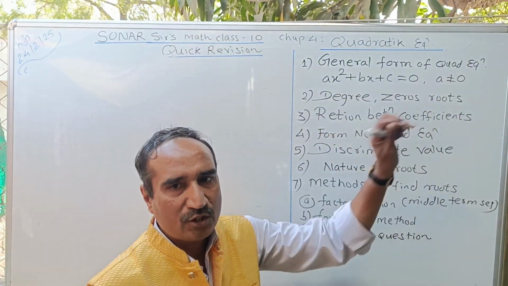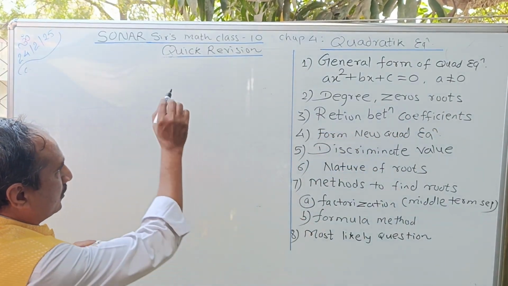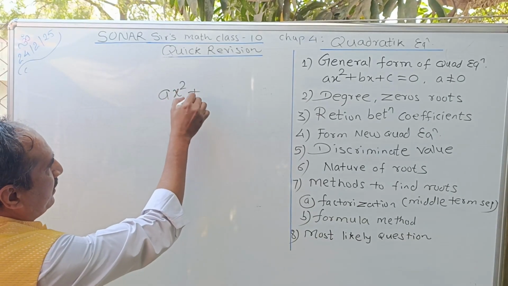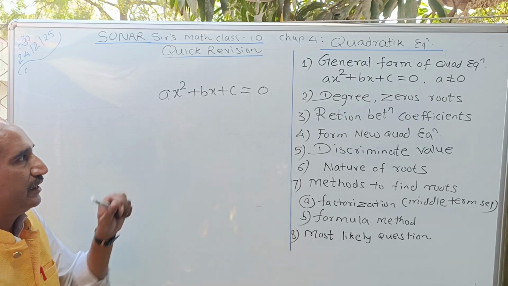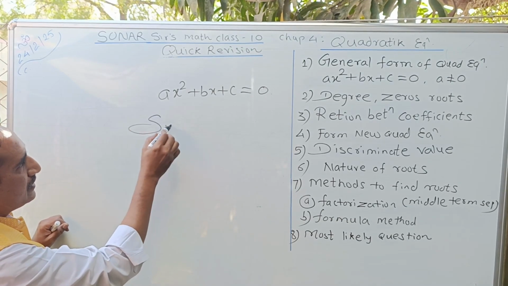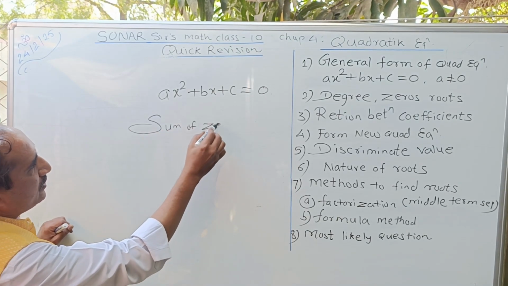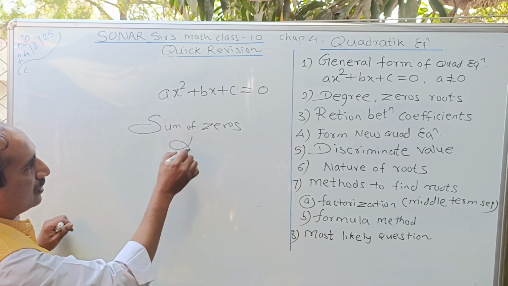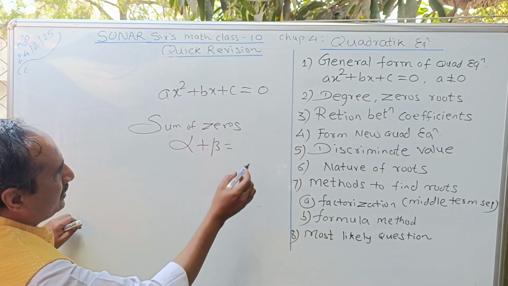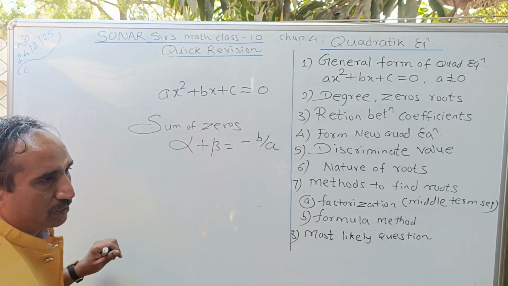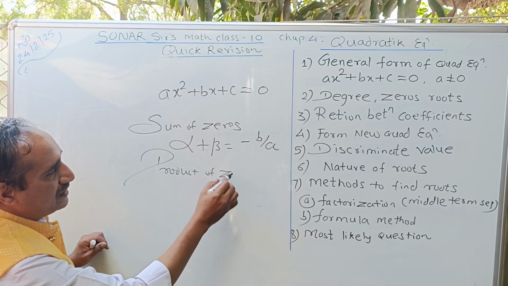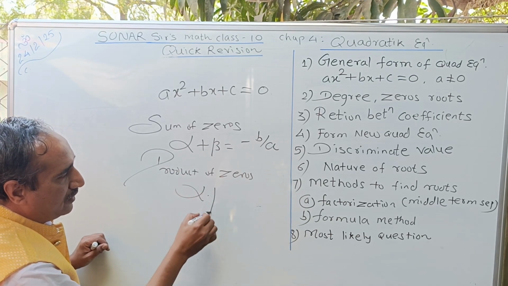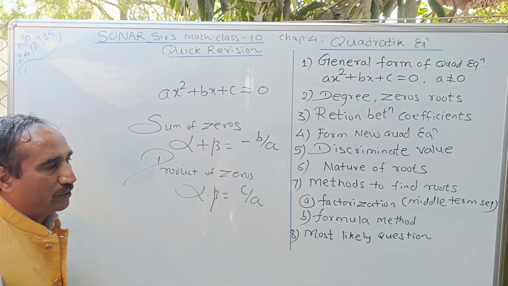Relation between the coefficients. Ax square plus bx plus c equal to 0 is a quadratic equation. Then sum of zeros alpha plus beta is equal to minus b upon a. Product of zeros alpha into beta equals c upon a.